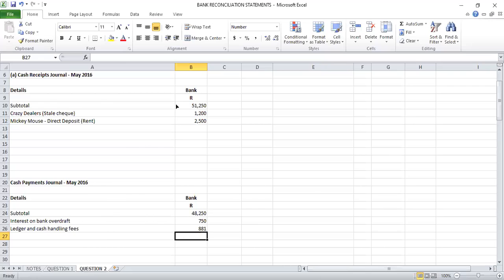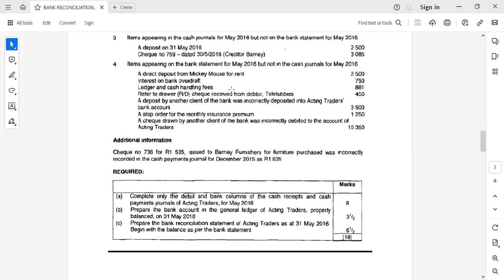Then a refer to drawer check received from Teletubbies. A refer to drawer check is a dishonored check. That means your customer paid you, but that check has been rejected by the bank. Maybe they don't have enough funds, or maybe they made an error on the check. So for a dishonored check, we have to reverse that receipt, because when we received it, we recorded it in the cash receipts journal.